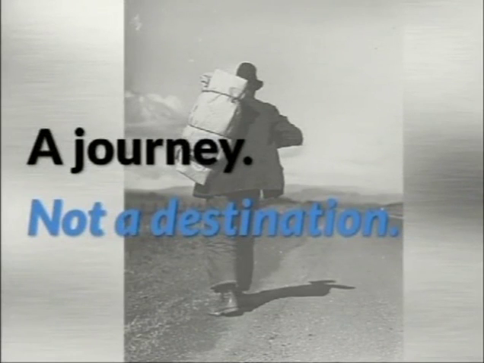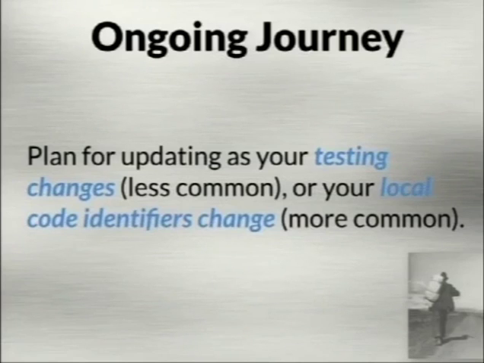The next thing I want to emphasize is that this isn't a one-time thing. It's not a destination. Keeping your data mapped to LOINC in a fresh way is going to be an ongoing journey. So you want to plan for that up front and set the expectations, knowing that you're going to have to update this, either as your testing changes and you start adding new things or stop doing others, which isn't as common.